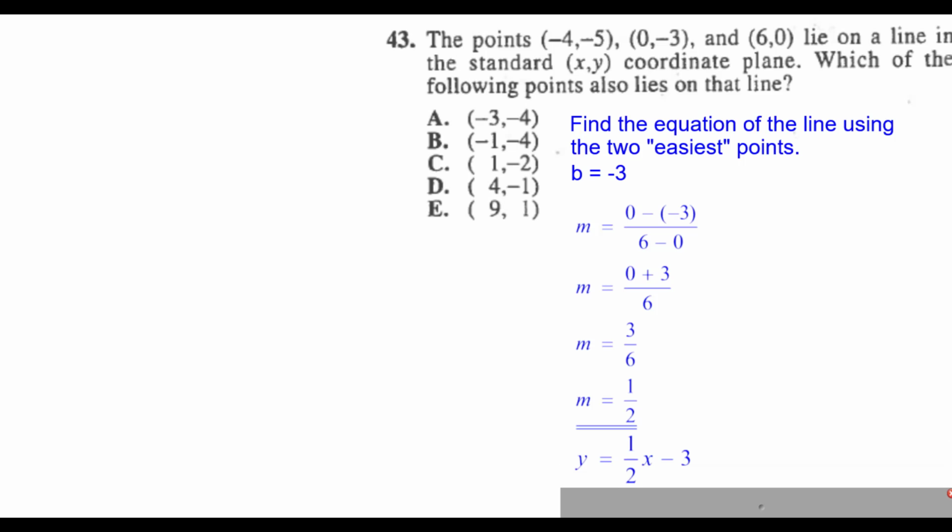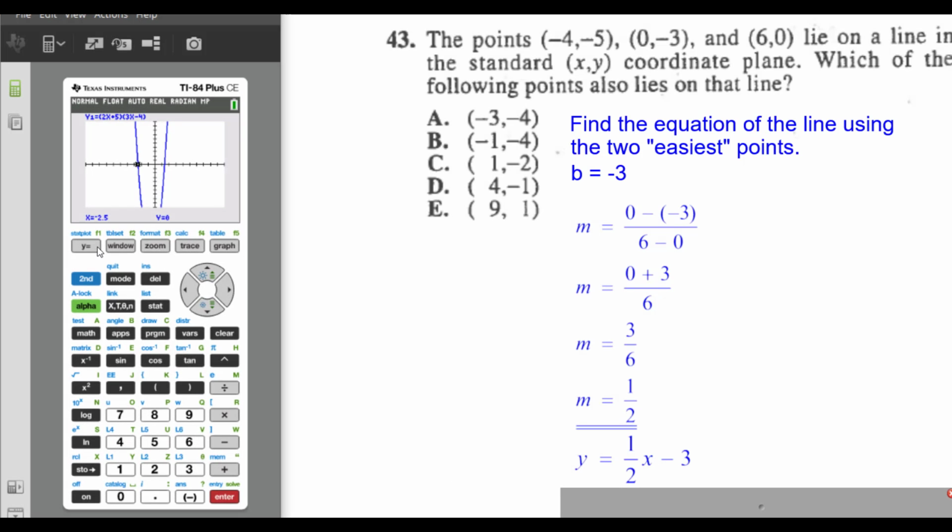So here's our equation. So what I would suggest is go back and type in, that is our equation, 1/2 times x minus 3. And I'll go ahead and graph that with zoom standard. And now I can go ahead and see which other point is on there. So I can use trace again, and I could trace to -3.